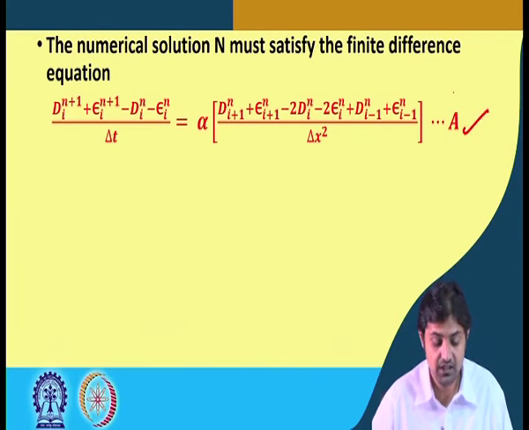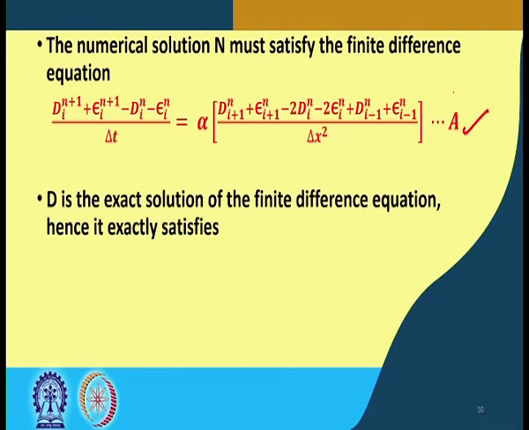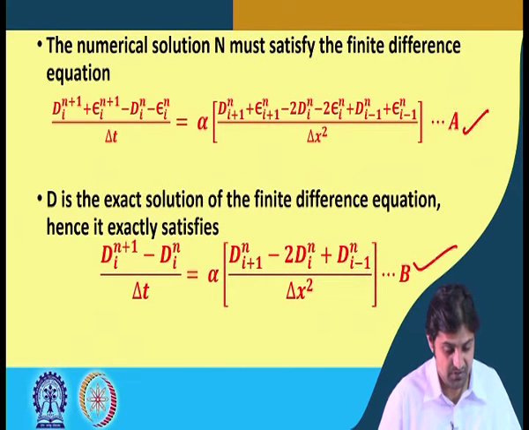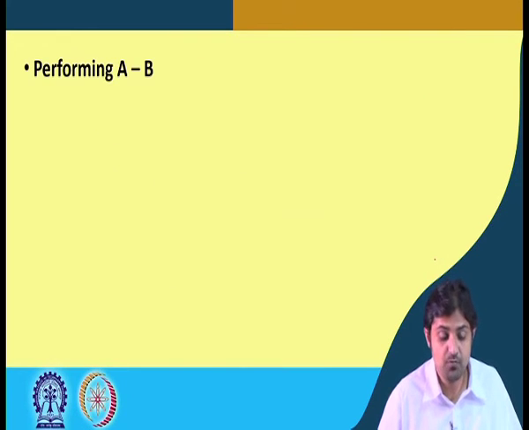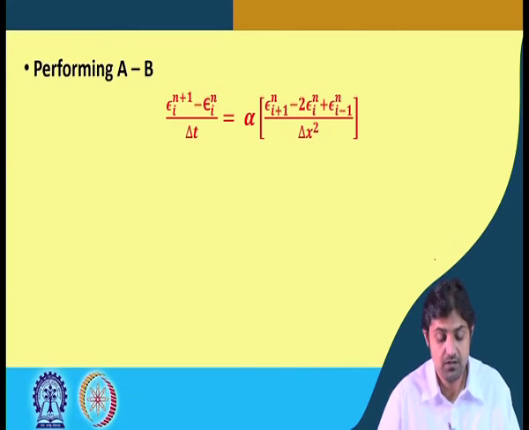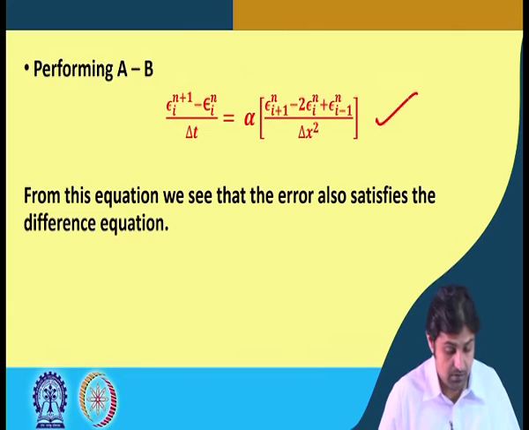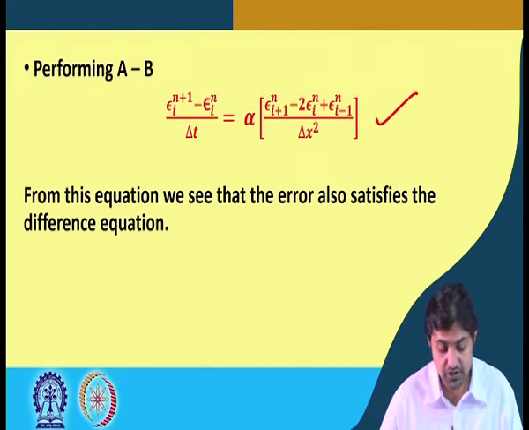D is the exact solution of the finite difference equation, and it exactly satisfies this. So N will satisfy both. So if we perform A minus B, epsilon_i at n plus 1 minus epsilon_i at n over delta t will be written. From this equation we can see that the error also satisfies the difference equation.